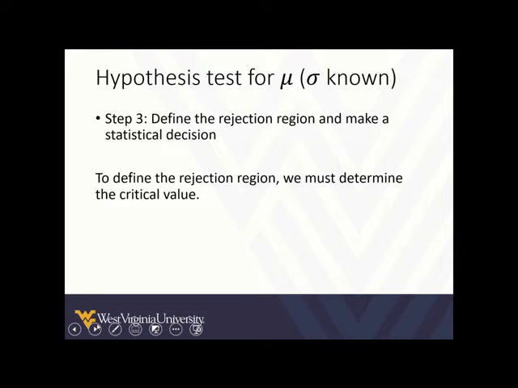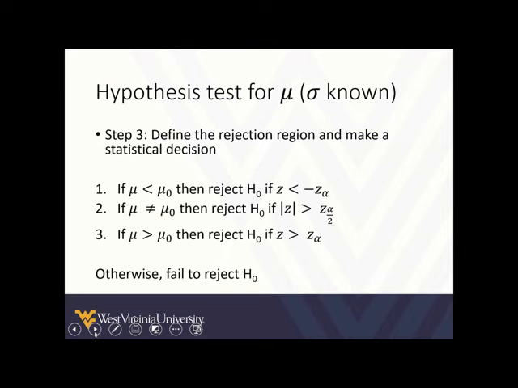Step 3, we define our rejection region and make our statistical decision. Now, we can define our rejection region using our critical value, and the rules are as follows. If our alternative hypothesis is mu less than mu naught, then we will reject our null hypothesis if z is less than negative z alpha.